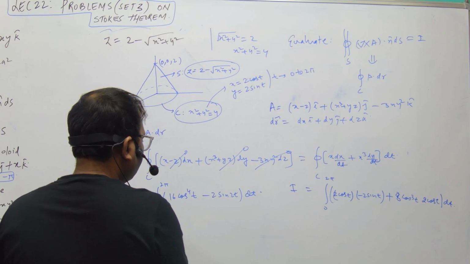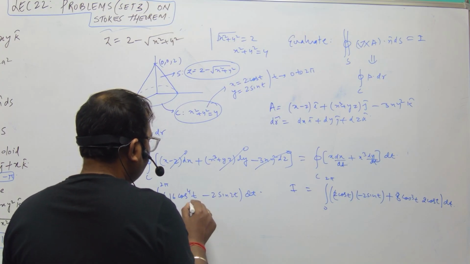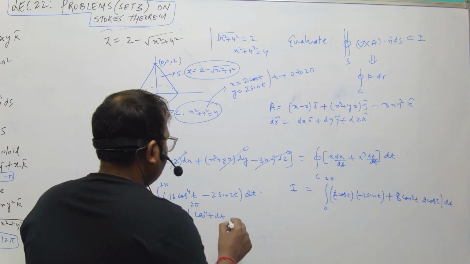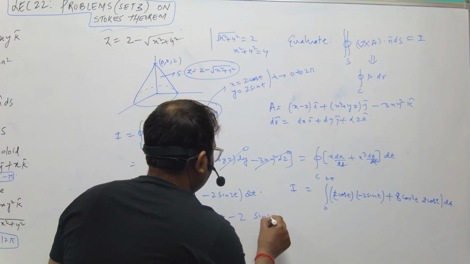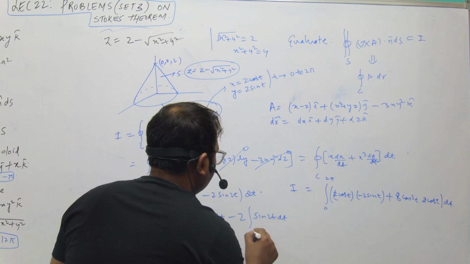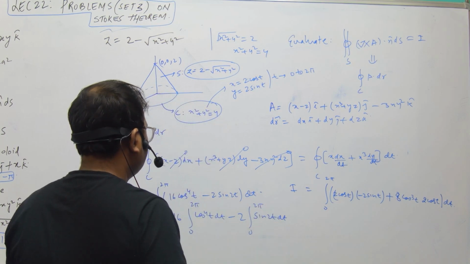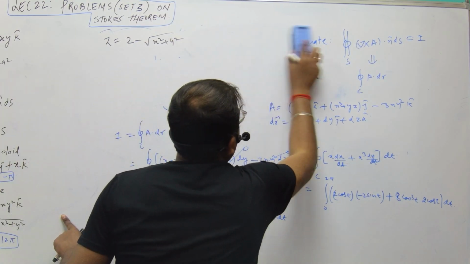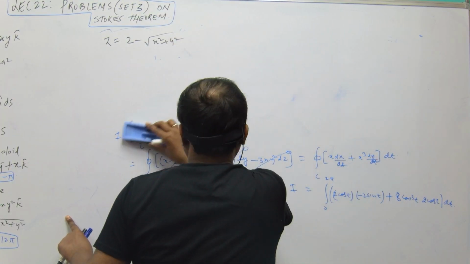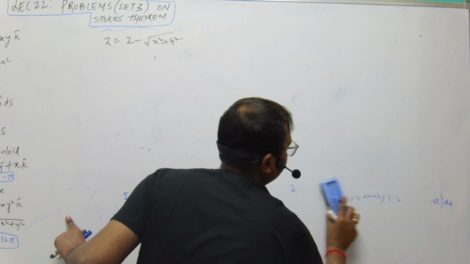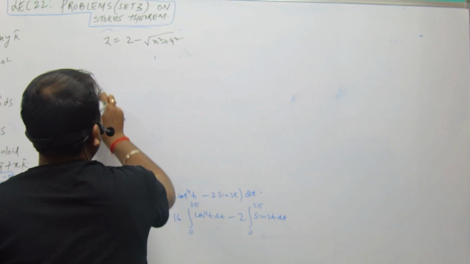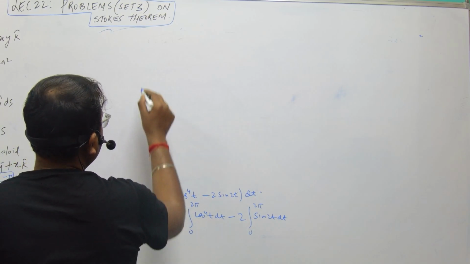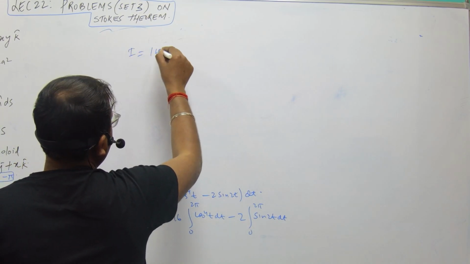So this will be equal to 16 times the integral from 0 to 2 pi of cos 4t dt, minus the integral from 0 to 2 pi of sin 2t dt. Let us further simplify this.